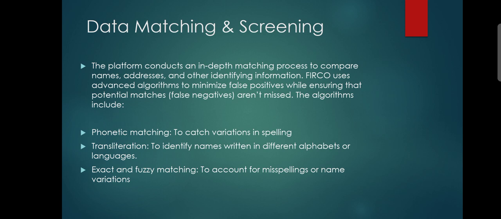The algorithms include phonetic matching, that is to catch variations in spelling. It also does transliteration, that means to identify names written in different alphabets or languages. The other one is exact and fuzzy matching. This means to account for misspellings or name variations.